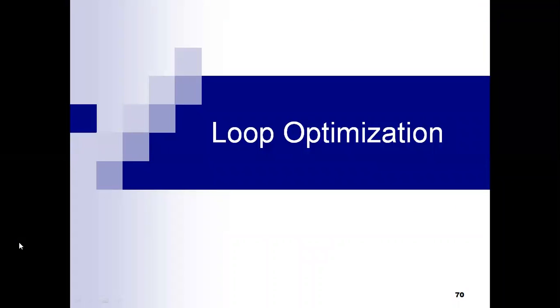After the optimization of basic blocks, the next concept is loop optimization. What I explained in the last class was about the optimization of basic blocks. Initially I started with what a basic block is, then the terminologies used in basic blocks, and then the transformations for the optimization of basic blocks.